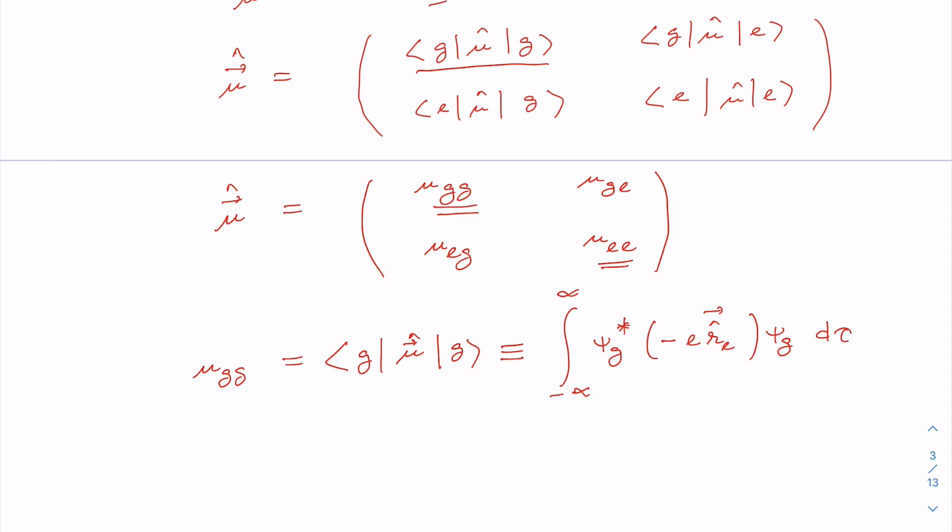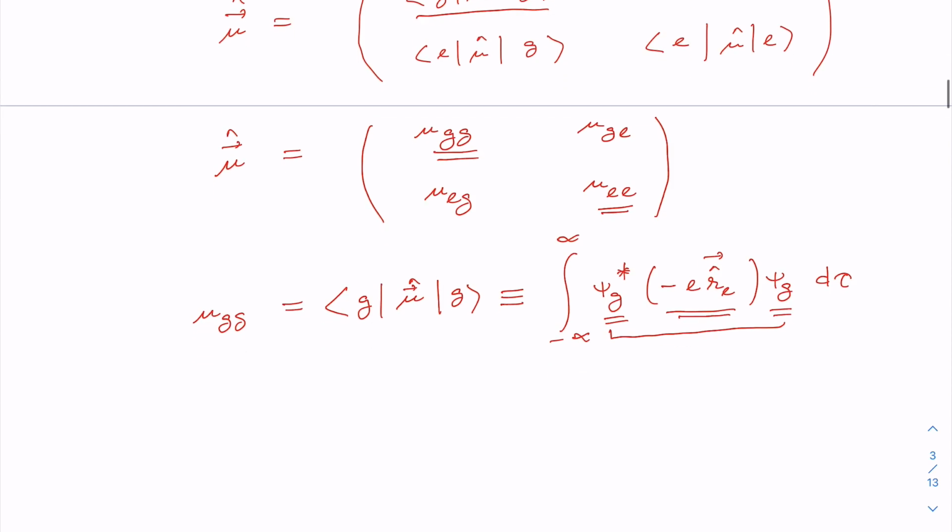Now the dipole moment operator has an odd parity, it's an odd function, but this wave function has a definite parity, and because of that, this whole integrand is an odd function. Because the integration is taken from minus infinity to plus infinity, integration over an odd function will result in 0.